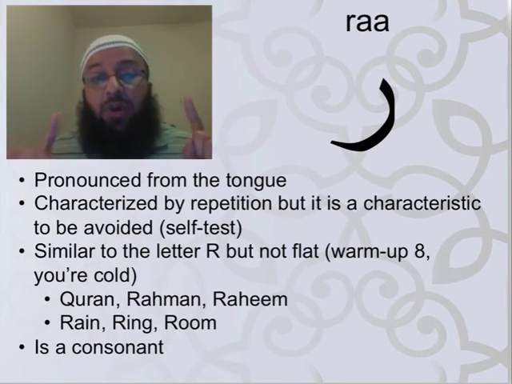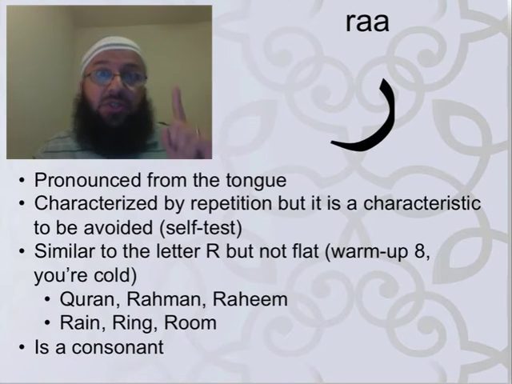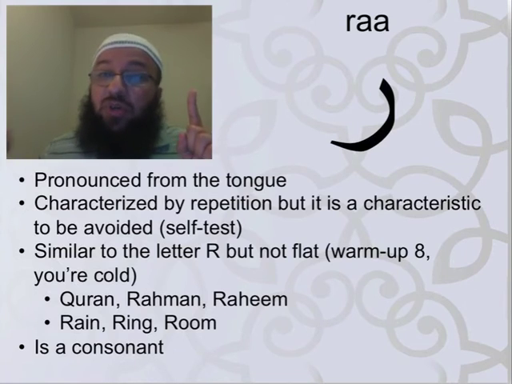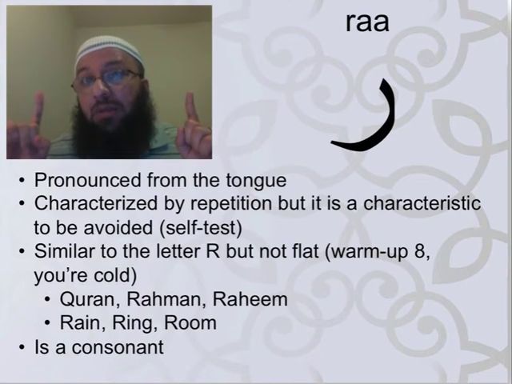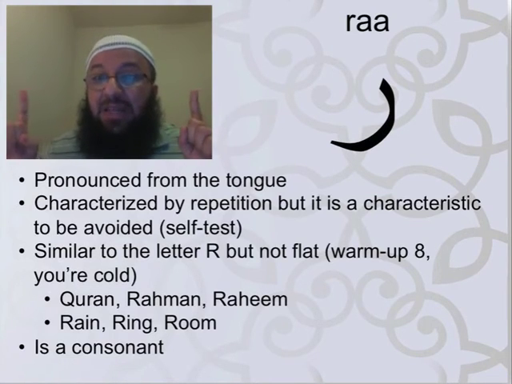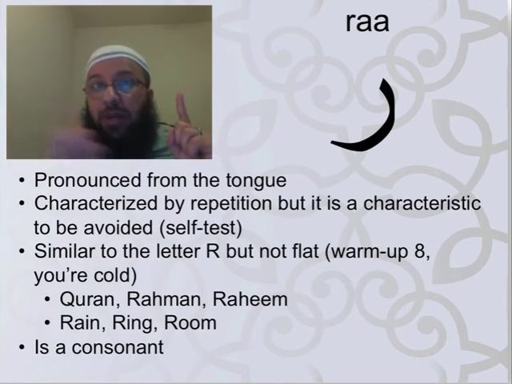That is how you're going to get to the second extreme. I want you to move away from the English extreme and get to the other, incorrect extreme, where you are doing excessive repetition of the Ra. Until you do it incorrectly, you will not come back to the middle.